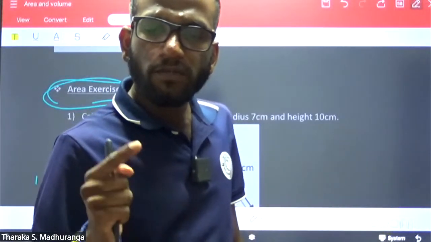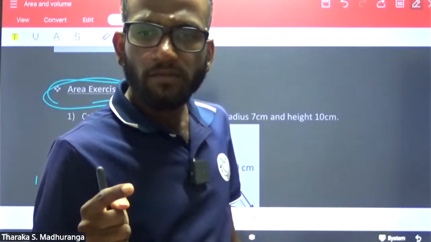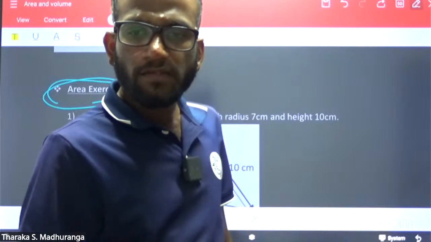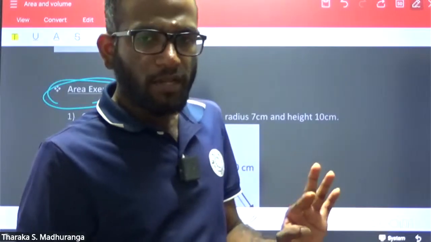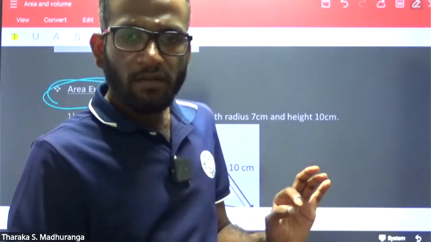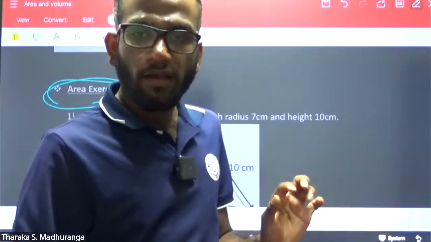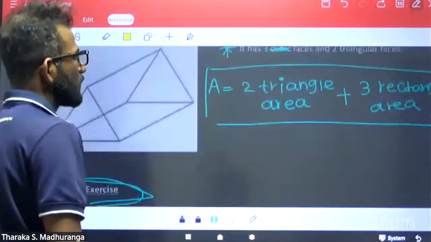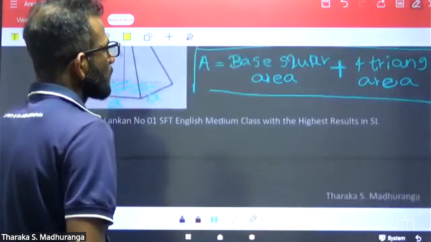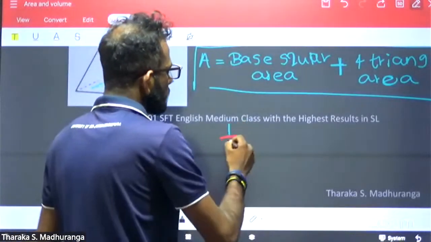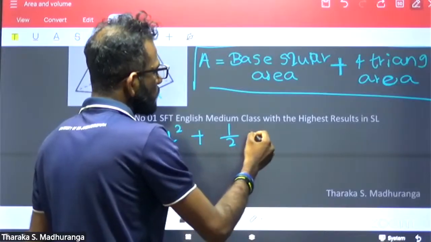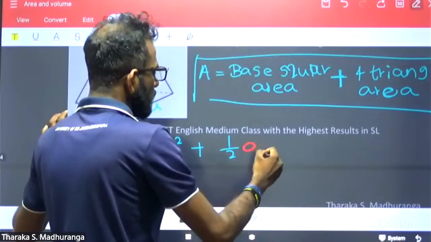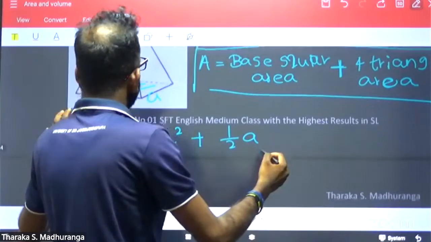Half into base into height is the triangle area. So four triangles, half into base into height. Same thing, no? Half into a squared plus half into base a h.